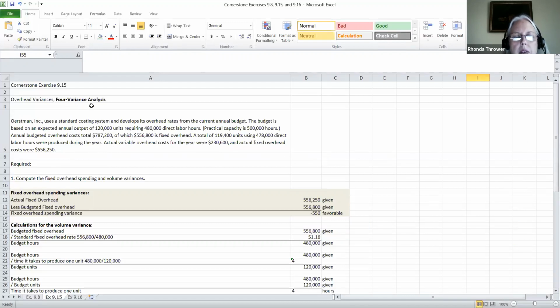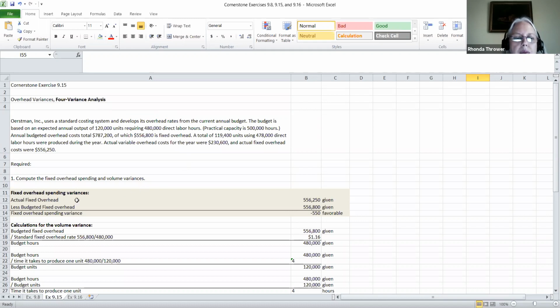In a four variance analysis, what we're going to be looking at are four variances. For our overhead, since we're breaking it down into fixed and variable components, your fixed components will have two variance analyses, and your variable components will have two variance analyses.